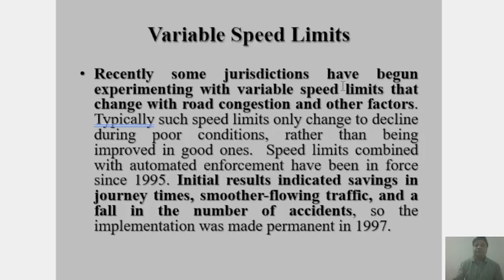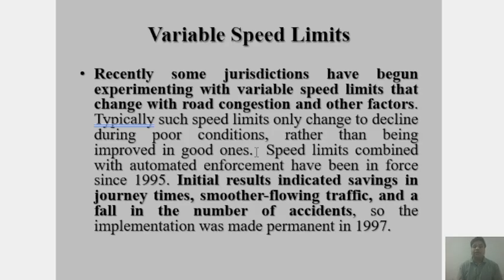In variable speed limits, for different types of vehicles we have different speeds that change with road congestion and other factors. Based on road congestion we can change the speed on the road. Typically this type of speed limit tends to decline due to poor conditions rather than improve in good ones.